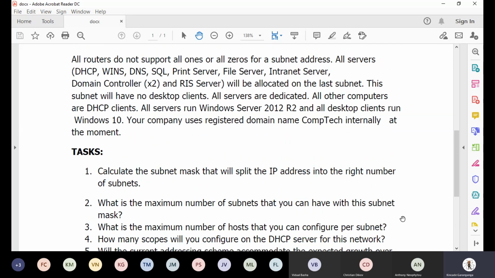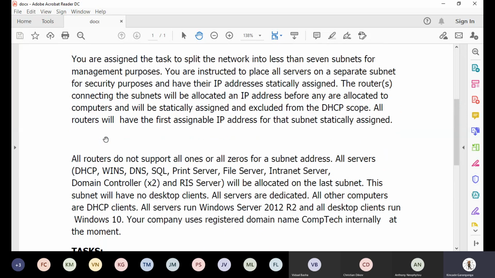So if you go back here and look at that specific paragraph, the fourth line there says the subnet will not have any desktop clients. All servers are dedicated, and it also mentions that all other computer systems are DHCP clients. So your servers are automatically excluded.